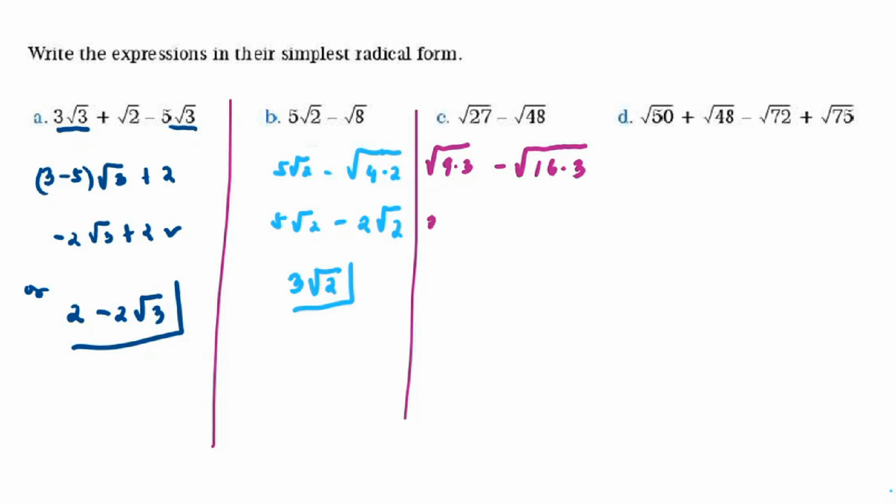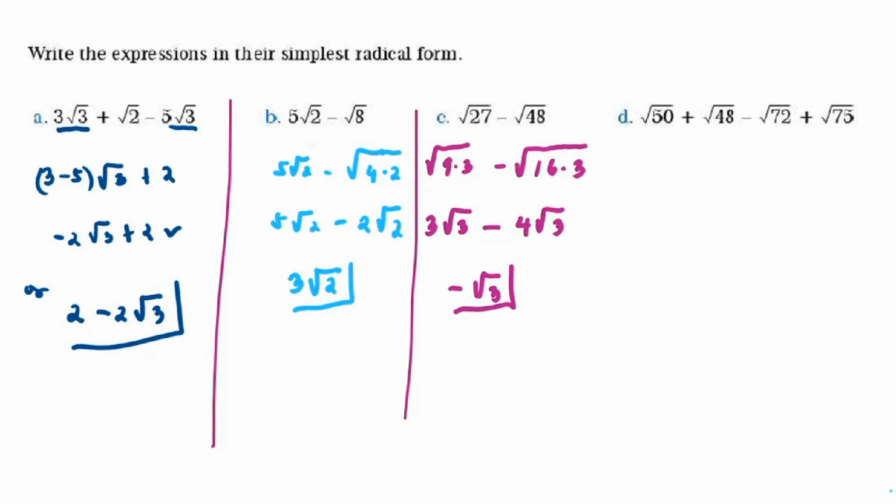So square root of 9 is 3, and then the radicand now is square root of 3, or the radicand is just 3, minus square root of 16 is 4 times the square root of 3. So since the radicands are now the same, we're going to subtract their coefficients. So 3 minus 4 is negative 1, or just write the negative of square root of 3. When it's 1, no need to write 1 because it's only one term.